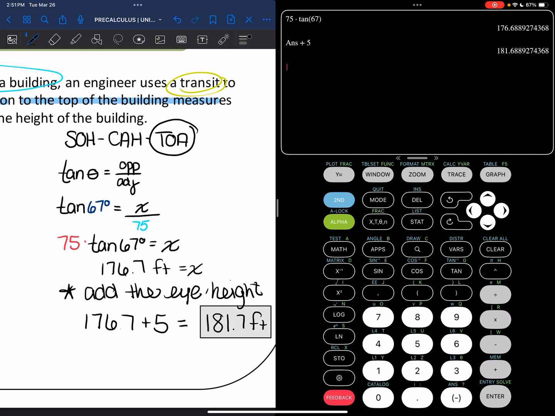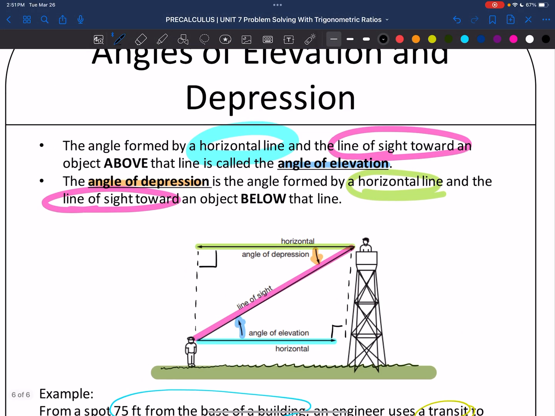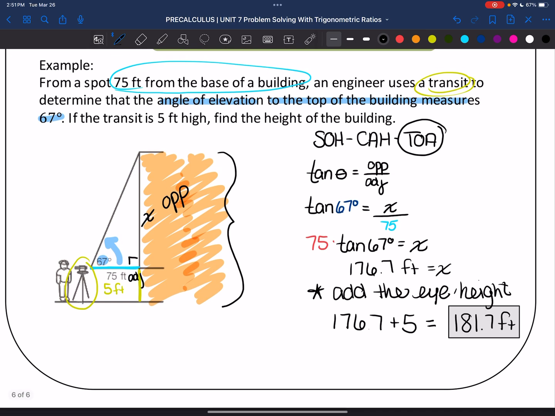That, my friends, is using our trig ratio in order to solve a real world problem, finding the height of this building, which of course we could not do without a bit of trigonometry. There's no way that we're going to get a measuring tape and try to measure this building.